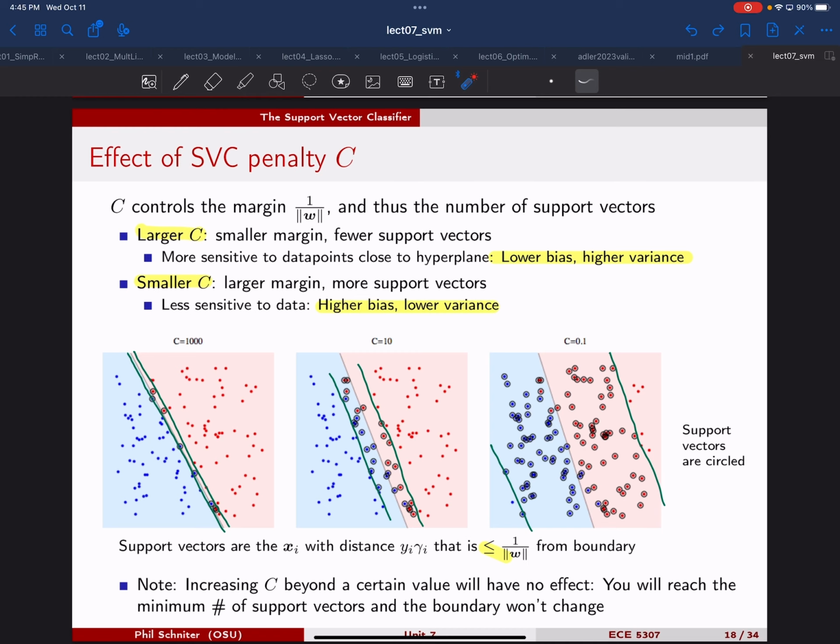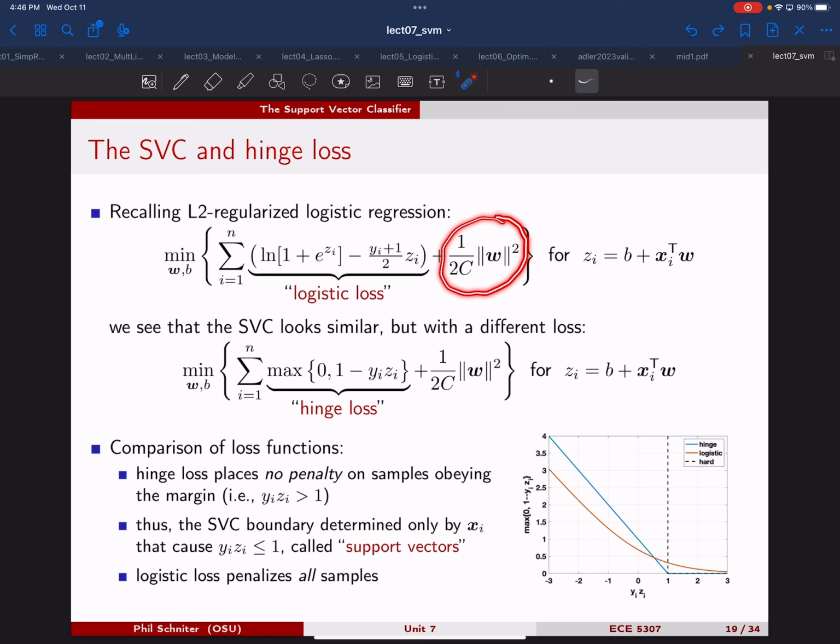But then we said that when you implement it in practice, like in scikit-learn, by default you tend to add this L2 regularization, because if you don't, and you happen to be working with a linearly separable data set, minimizing this alone will cause your B and your W to go off to infinity. You don't want that. So to prevent that, you put maybe a small term here. You would use a very large C, a very small weight on this, and that would prevent the parameters from going to infinity. So this is what we derived before.